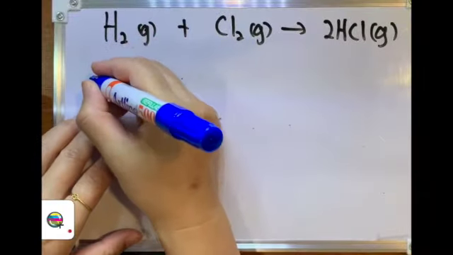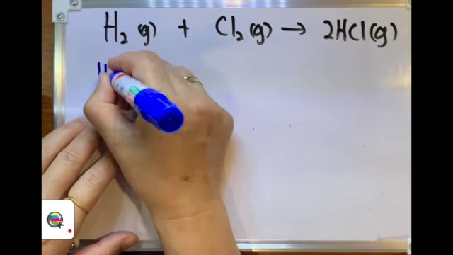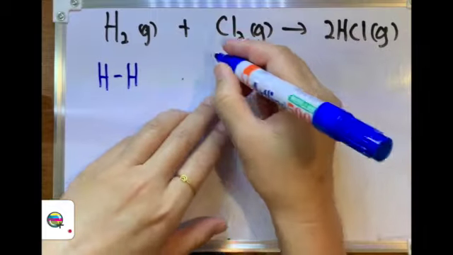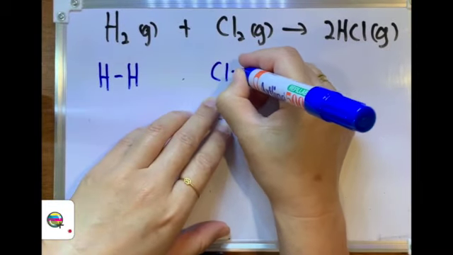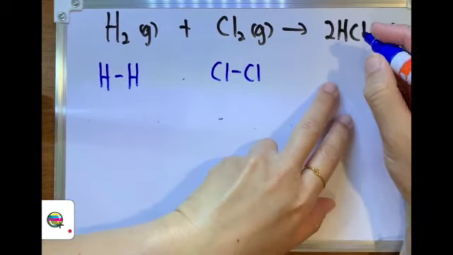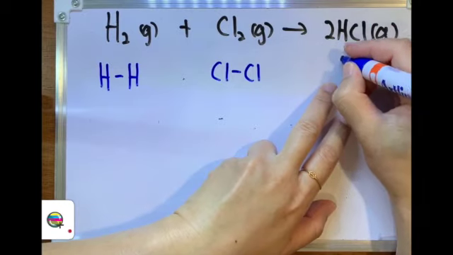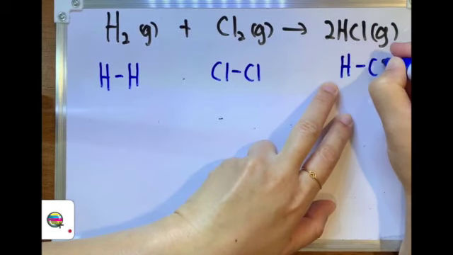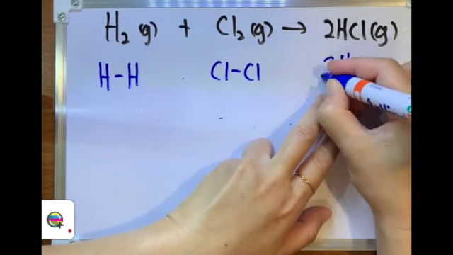So for hydrogen gas, we will have H single bond H, chlorine gas Cl single bond Cl, and for hydrogen chloride gas, H single bond Cl, times 2.